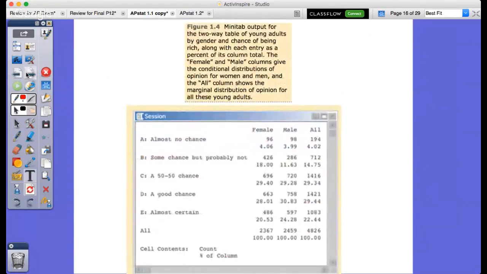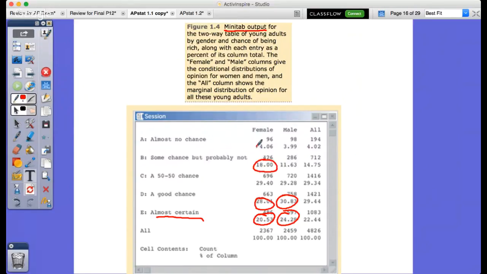So as you can see here, you'll recognize kind of an output here, and we call this a Minitab output. We'll talk more about that later, but you'll definitely be able to see that there's differences here. So as you look at those that said that they were almost certain that they would be rich, you'll see that males had a higher perception on saying that they would be rich compared to females.